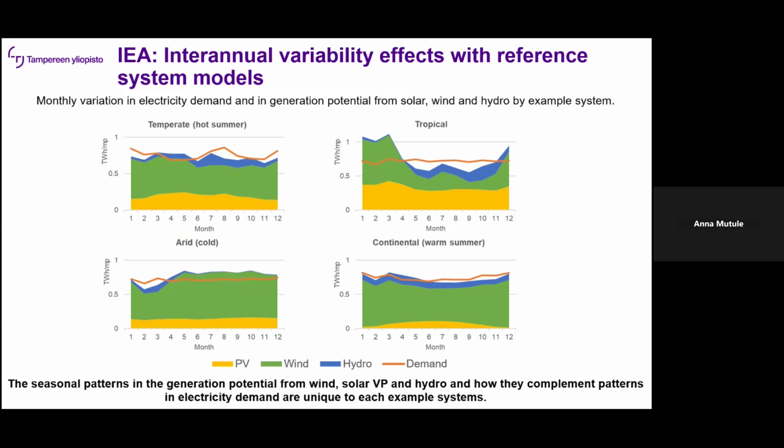Those insights are based on, let's say, idealized systems optimized purely for cost efficiency. When those systems were modeled, they did not include real-world constraints such as energy taxes, policy targets, or infrastructure bottlenecks, but they help highlight the underlying physical and climate dynamics that shape system design.